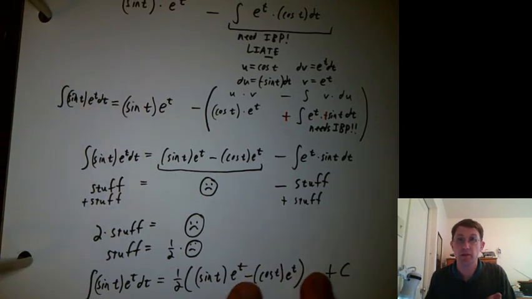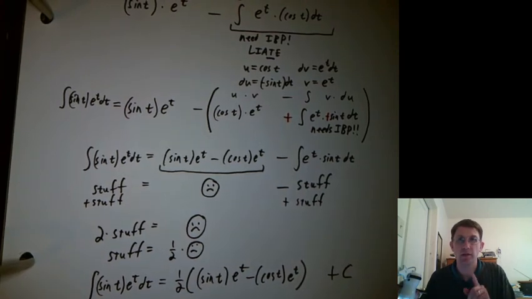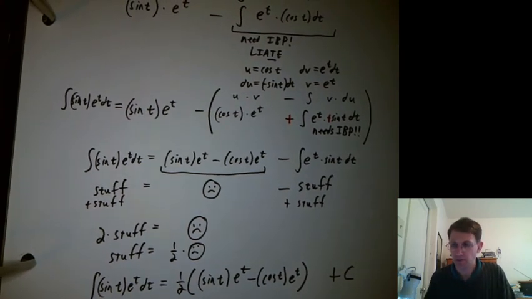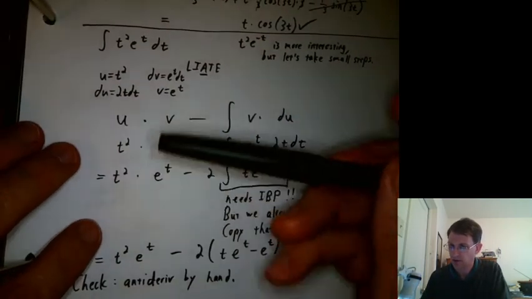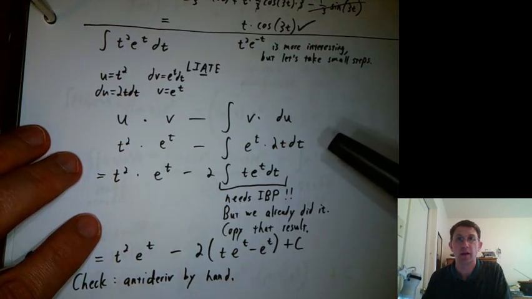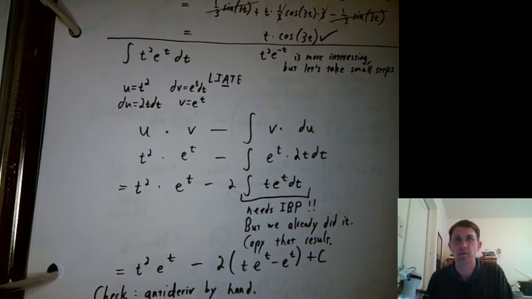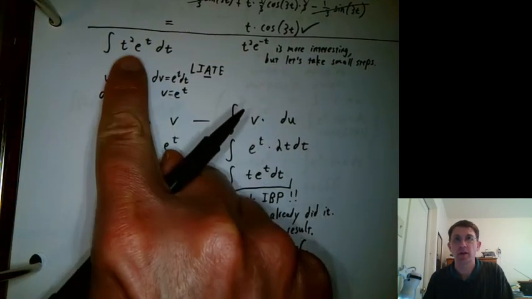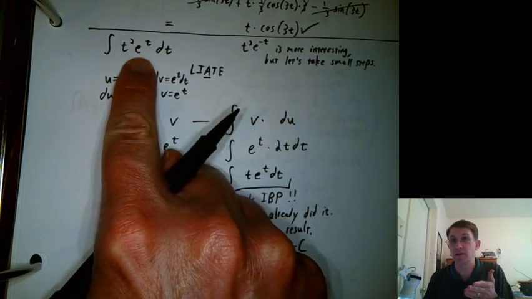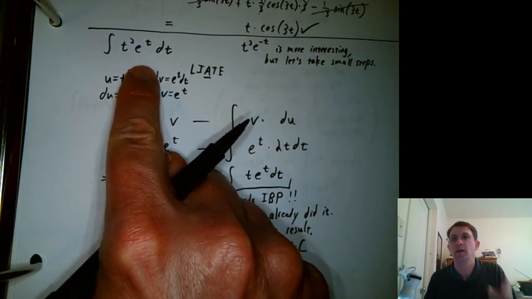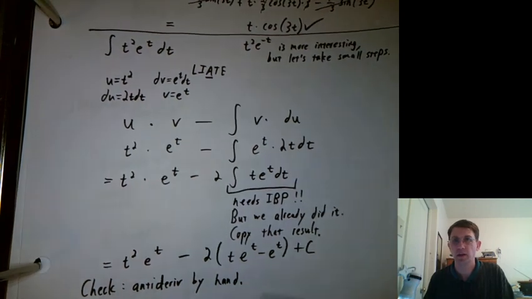Now you could simplify this by factoring out the e to the t. Doesn't matter to me. But let's notice what happened here on the previous example, previous video. We did integration by parts on something, and we got a simpler version that still needed integration by parts. And we kind of did that. We just kind of looked up what we had already done. You might wonder what's going to happen if I had a t cubed e to the t here. You could probably guess what pattern you're going to see. It's just repeated integration by parts, right?